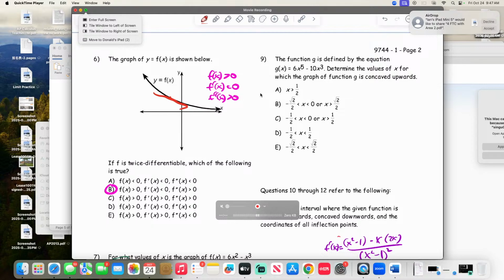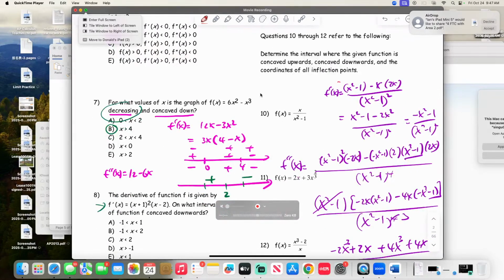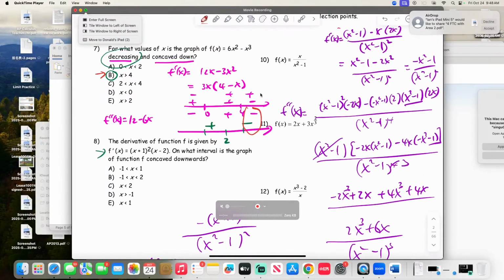So the answer is B. Now, for 7, please do the number line tests one on top of another, so that way you can judge which region. For example, in this region they're both negative, but in the other region you can have positive, negative, and negative, positive. So the only region that makes sense is B.